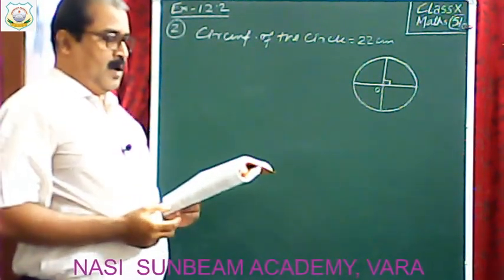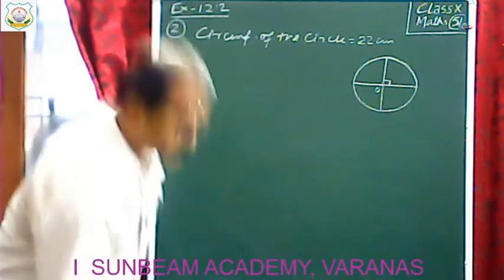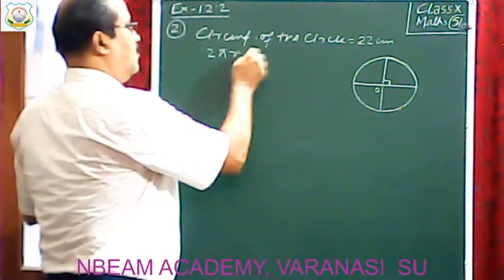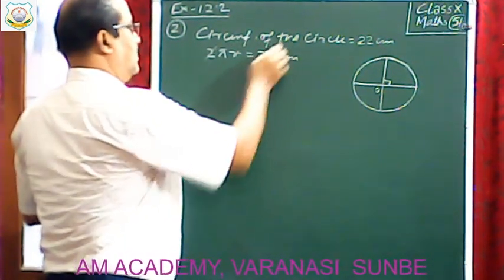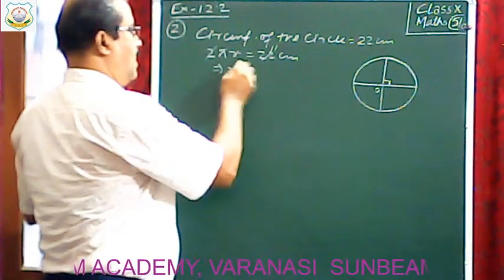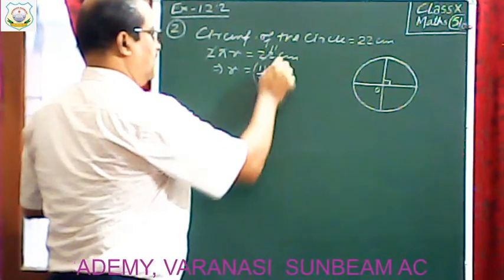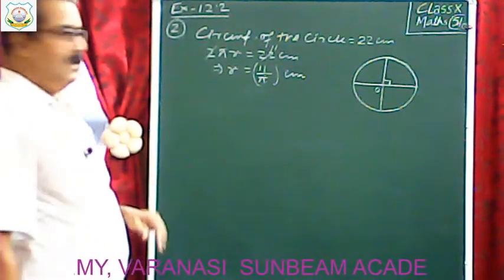So using the formula of circumference of a circle, you have to find the radius. 2 pi r equal to 22 centimeter, so r equal to 11 upon pi centimeter. You get the radius.